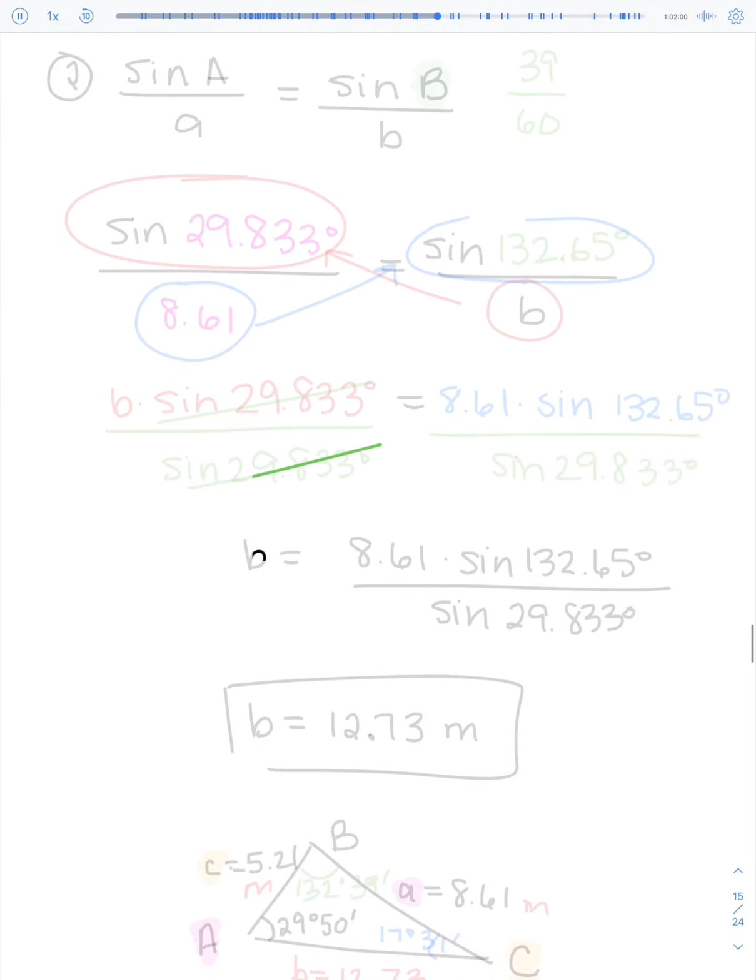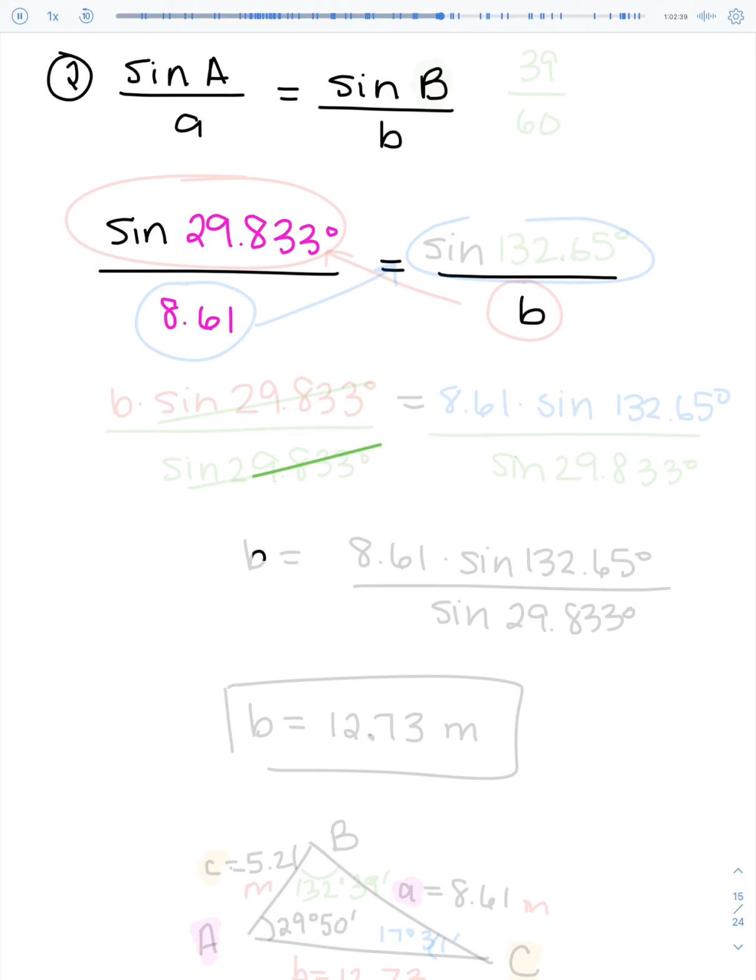So using the law of sines one last time, we'd start out with sine of A over A, because that was the side and angle we first started out with, but this time we'd be using sine of B and finding the missing side we don't have yet, which would be side B. So we'd have sine of, we had already converted A into a decimal, 29.833 degrees, and side A was 8.61. And we don't know side B, we're trying to find it.